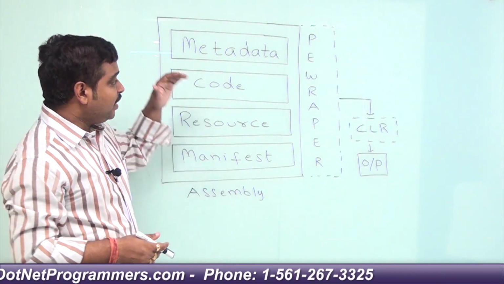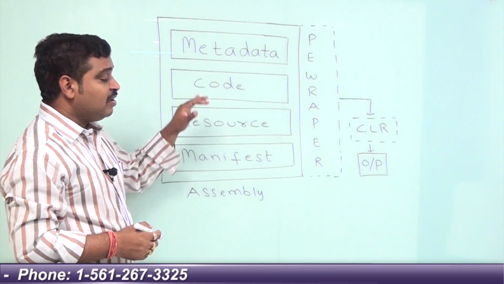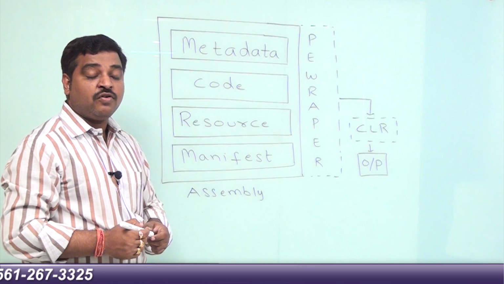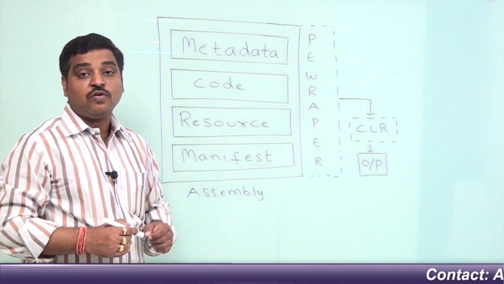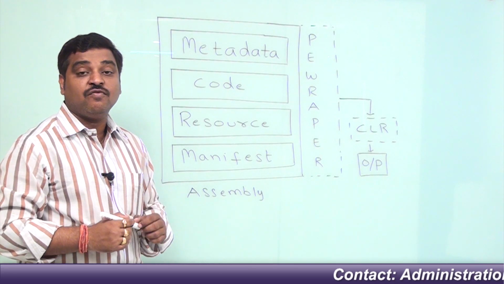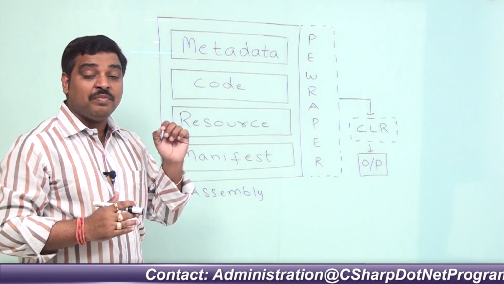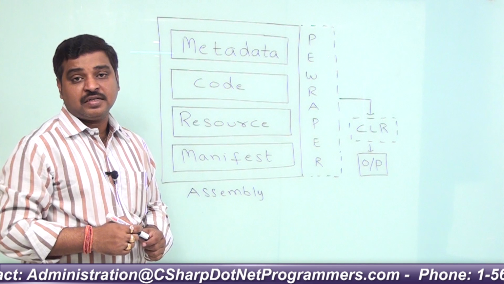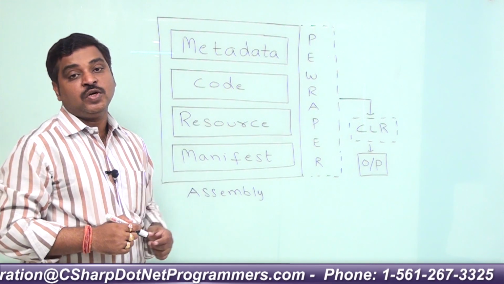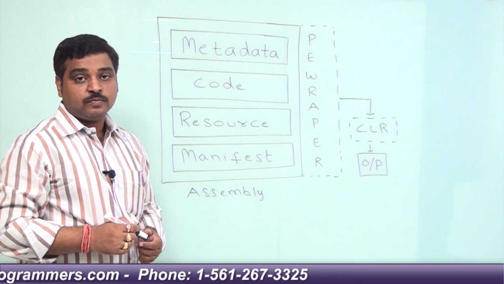The code present within the assembly will be in the format of MSIL, which stands for Microsoft intermediate language. This code is in an intermediate format which no operating system can understand, including Windows operating system. It can't understand the code.